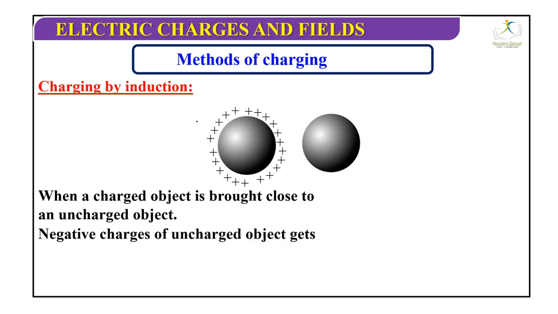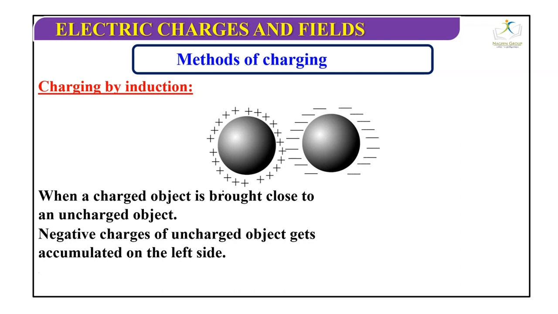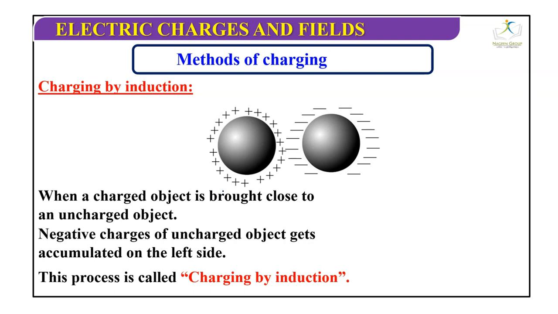The negative will be attracted by the positive charge, and the other charge will be transferred to the earth if we connect the surface to the earth. This process is called charging by induction.